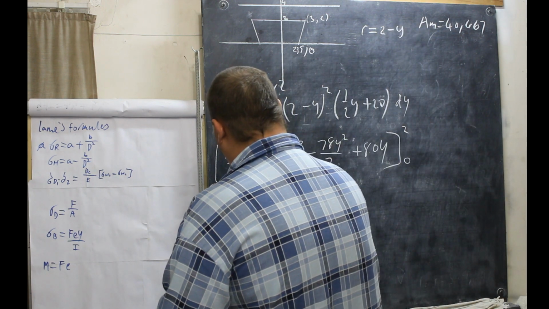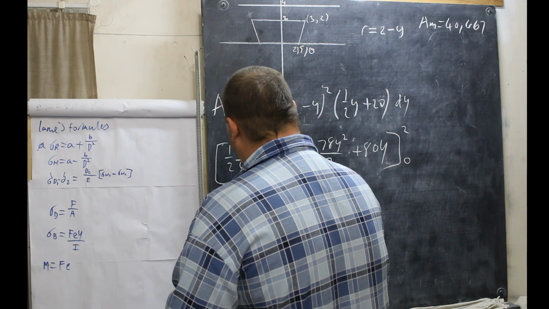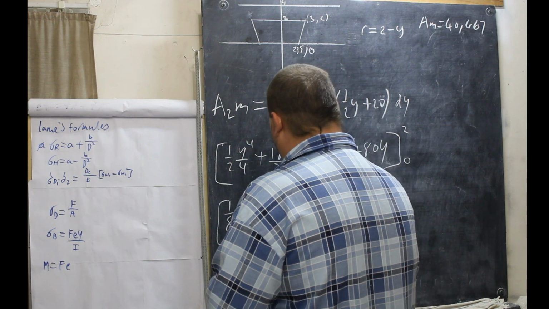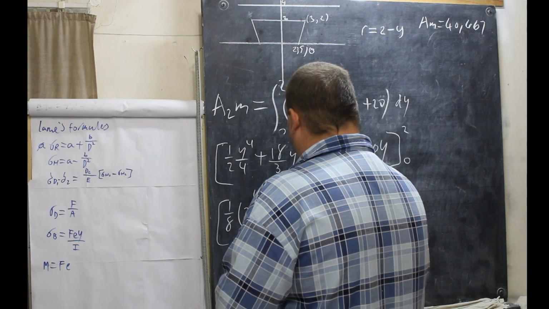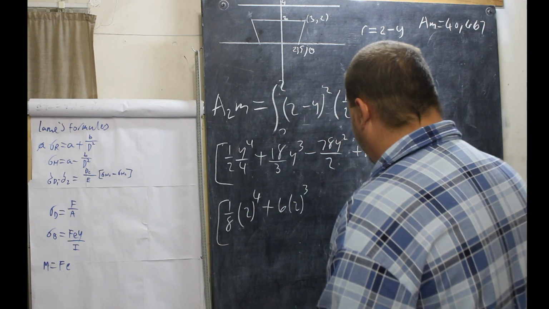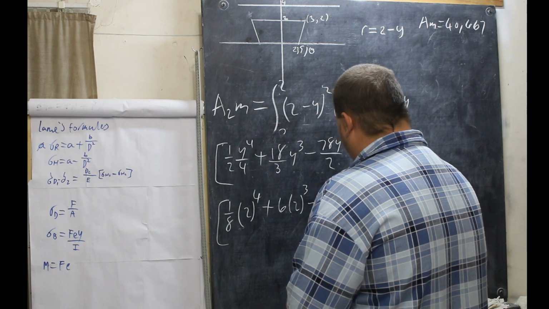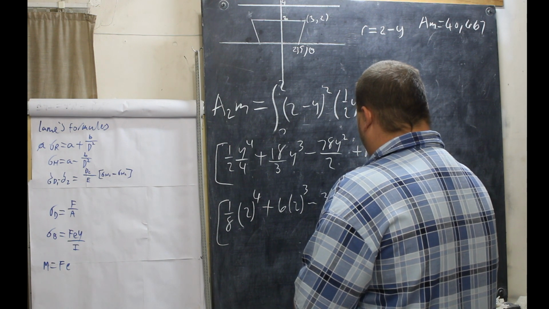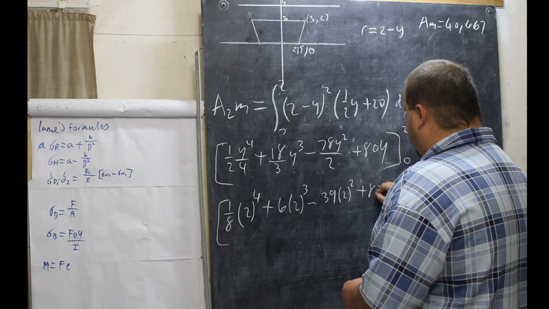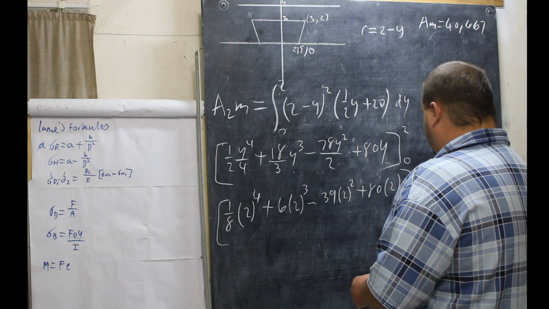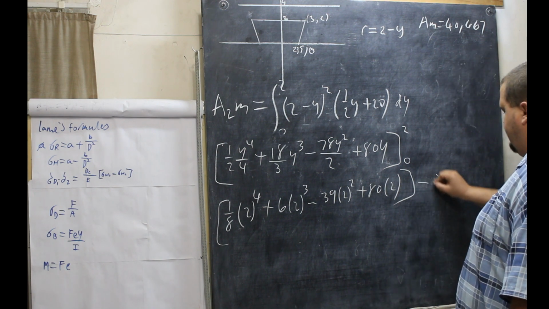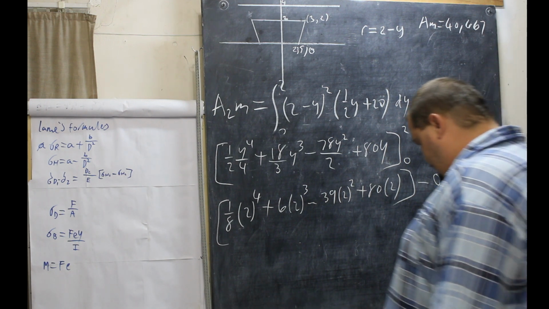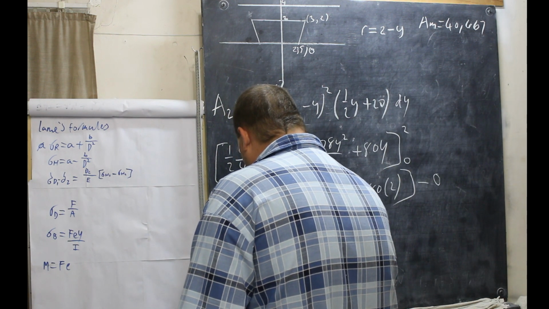This is 1 over 8 times 2 to the power 4 plus 6 times 2 to the power 3, minus 39 times 2 to the power 2 plus 80 times 2, minus 0. And this all equals 54.